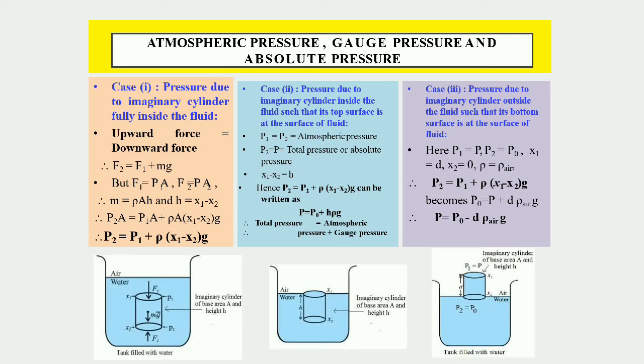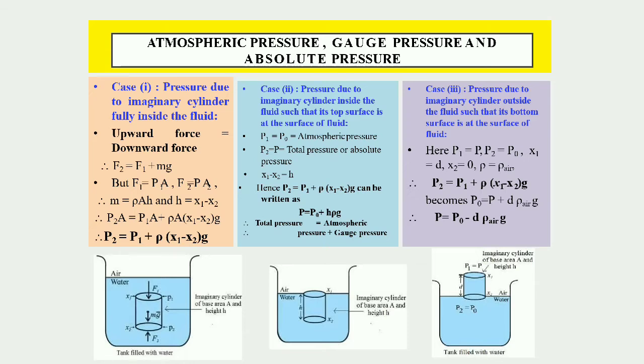Okay, so first, in the first case, we consider pressure due to an imaginary cylinder inside the fluid. We will consider an imaginary cylinder which will be completely inside the fluid. So consider a tank filled with water, and consider an imaginary cylinder which is fully inside the water.